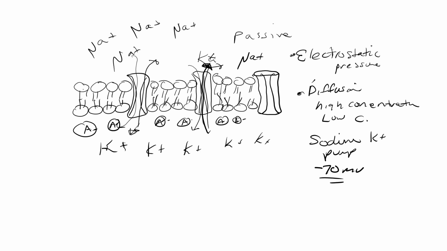And so at a resting state, and during other states, the cell wants to actively kick out sodium, and it will actually want to actively bring in potassium, because the potassium will help keep it from going too negative. But these sodium ions are going to make it too positive. So that's just to help maintain that balance.